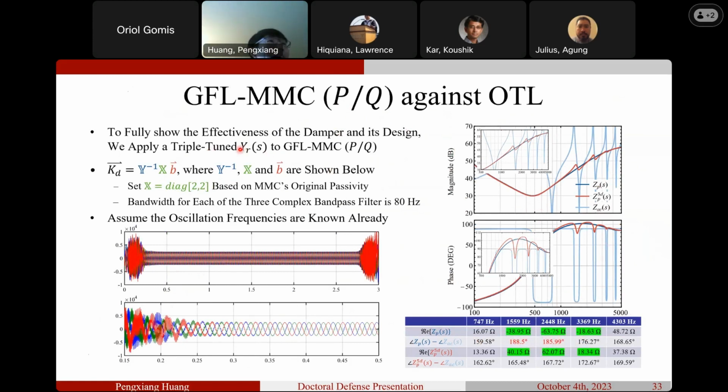So if I use a triple tune, then the triple tuned YRS does what I want it to do, just adds more resistance and makes the real part absolute value the same before and after using the reshaping control. And that is important because if you keep the absolute value the same before and after reshaping, you don't move your oscillation frequency. So you don't need to worry about the oscillation frequency moving because of the change.